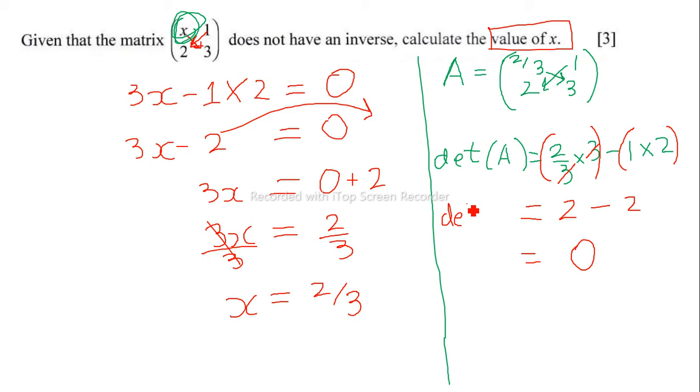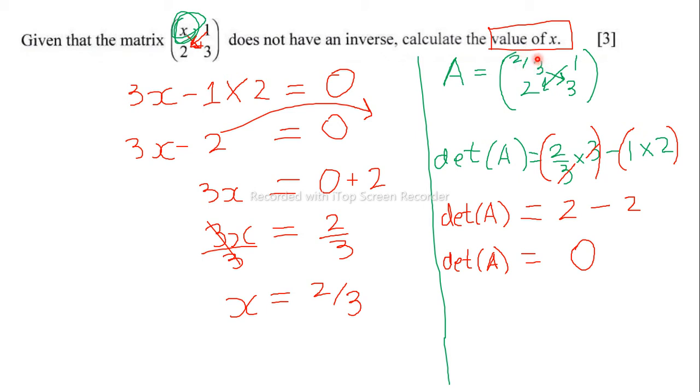Good. So we find that the determinant of this matrix is what? 0. Is 0. Yeah. It makes more sense now. It makes more sense how you just did this. It looks better. All right. Good. So all we're trying to say is that the value of x that would make this determinant 0 is 2 over 3.